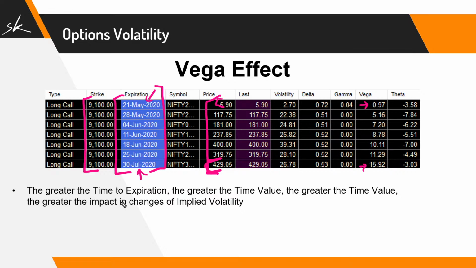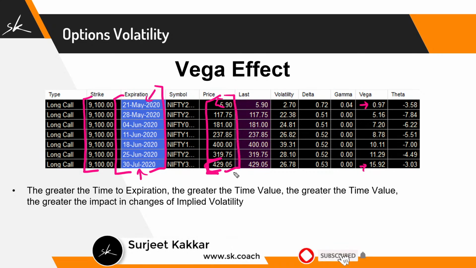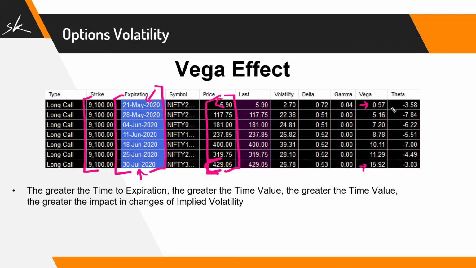So this is what you need to remember, that the greater the time to expiry, which will basically mean the greater the time value, and the greater the time value, the greater will be the impact in change in implied volatility. So when the implied volatility changes, it will affect the value of the option to a greater extent.